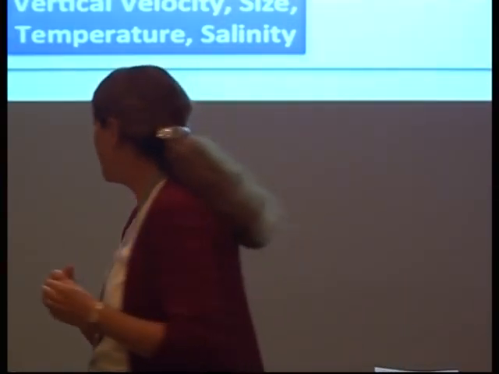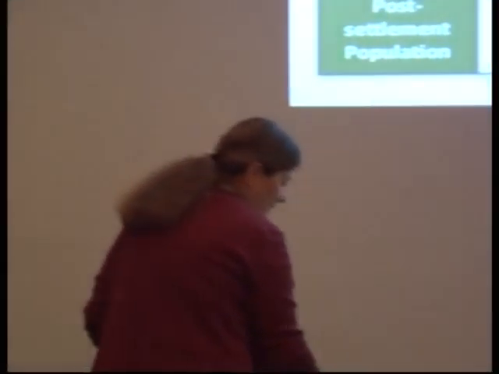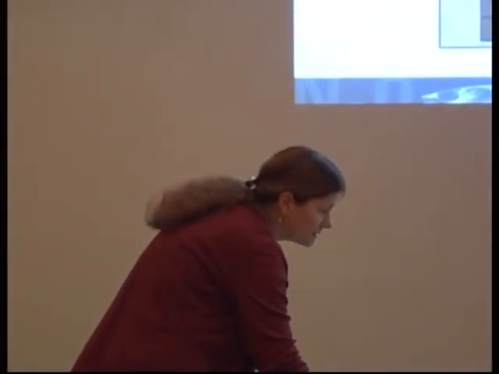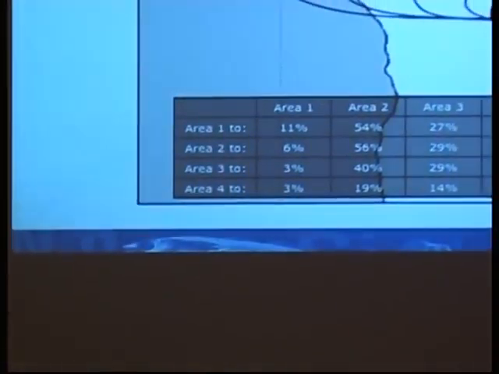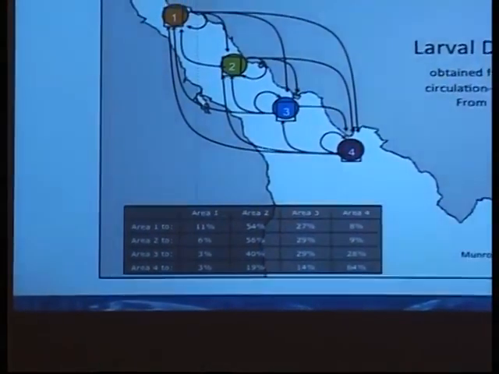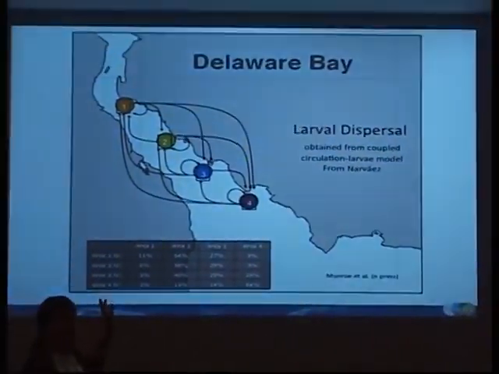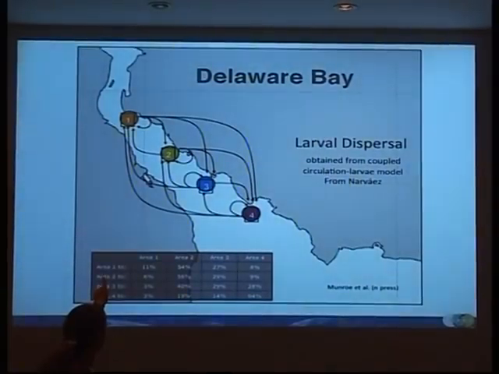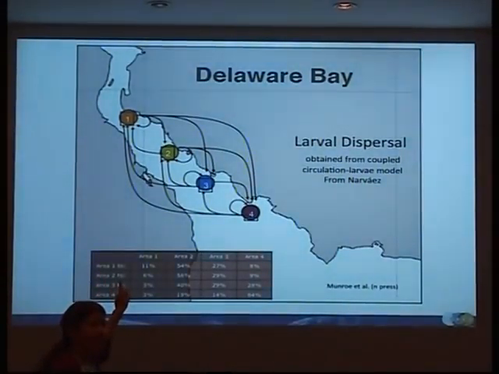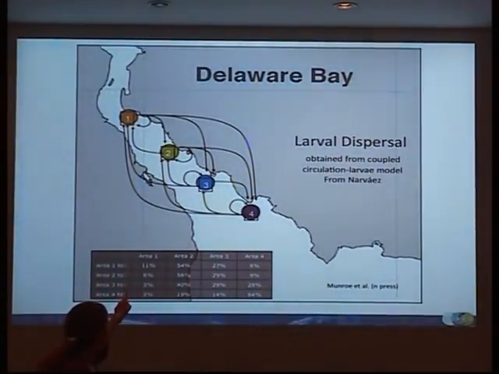And when you set these larvae at different ages, do you get geographic speciation? Okay, yeah, and in fact, in this example, this is Delaware Bay, which is on the east coast of the United States. If you look at number 1 up there, it's genetically distinct from 2 and 3.